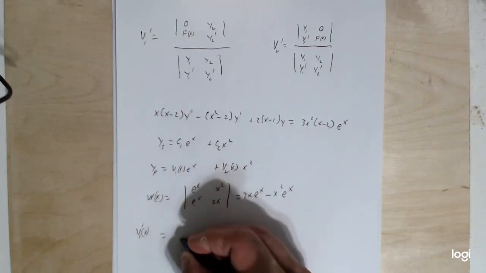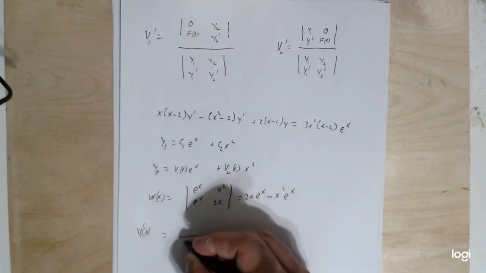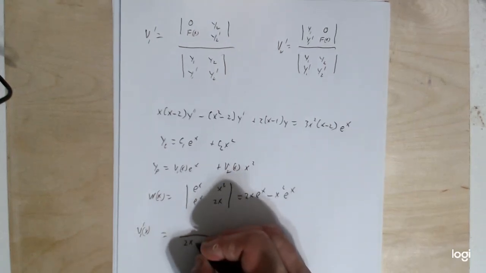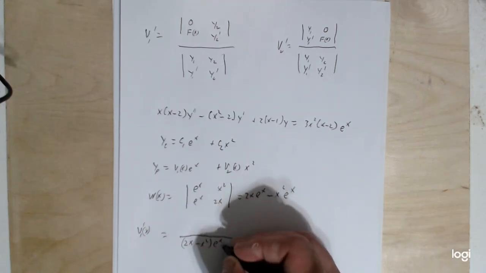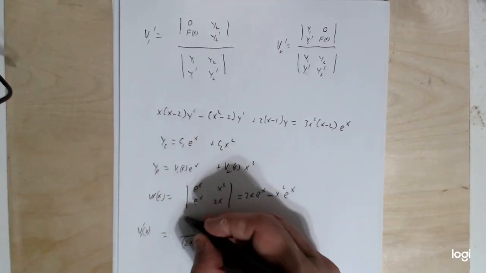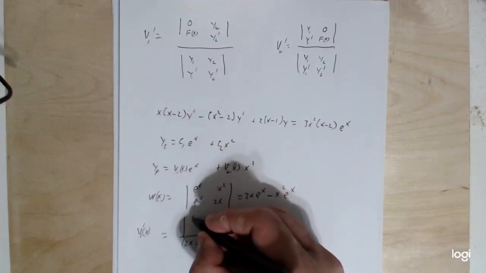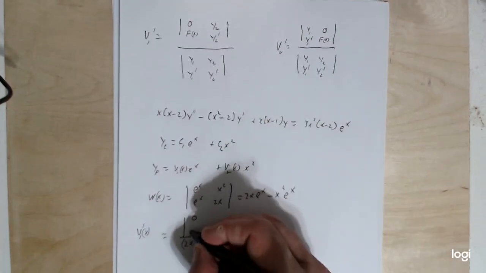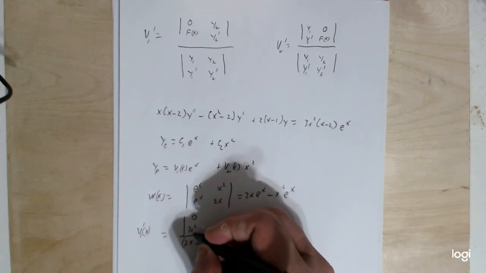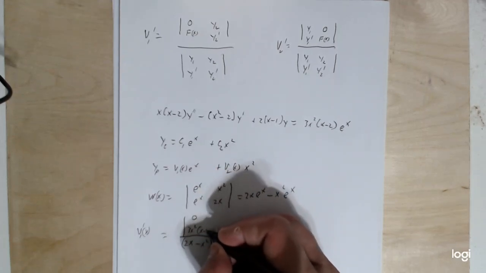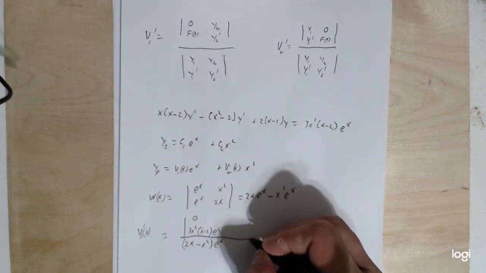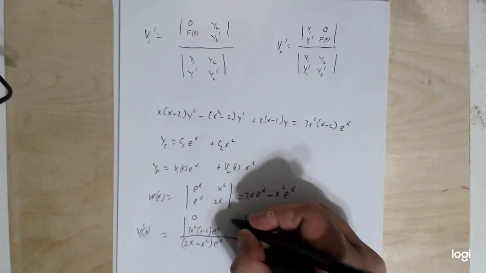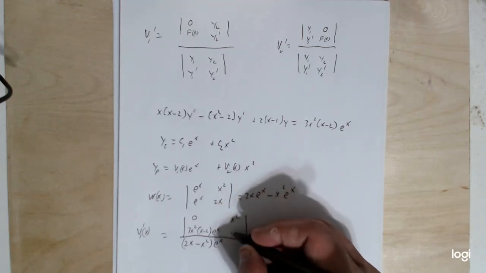v1 prime, well, that's going to be my denominator, and I'm going to factor it. And in the numerator, I replace this first column with 0 and my 3x squared times (x minus 2) e to the x. And then I have my x squared and 2x.